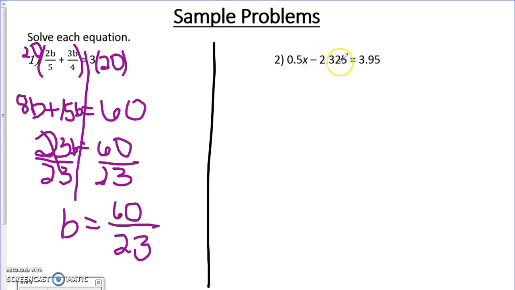Okay? Now, let's look at this problem over here, number 2. 0.5x minus 2.325 equals 3.95. We have tenths, hundredths, and thousandths. So we're going to multiply everything by 1,000.